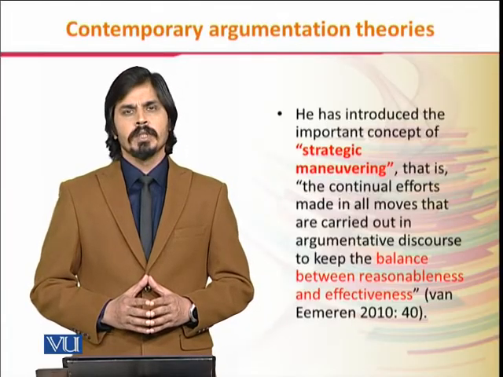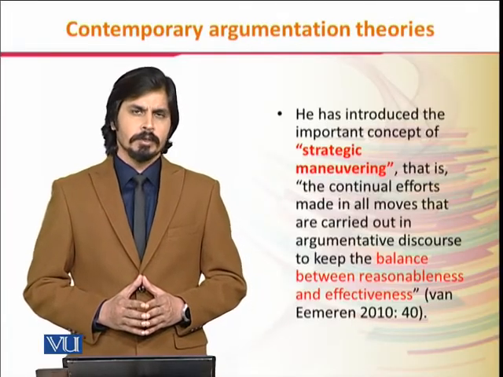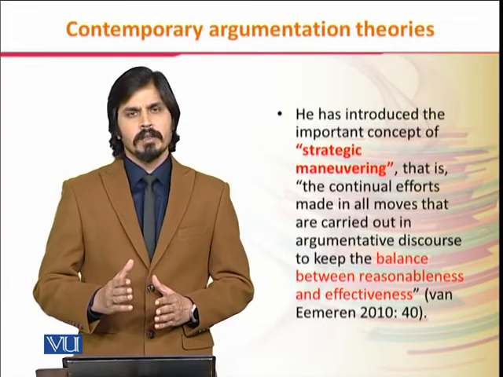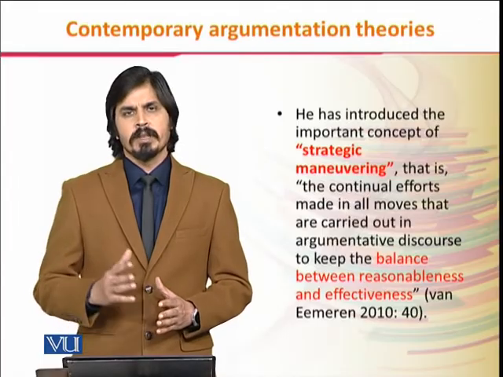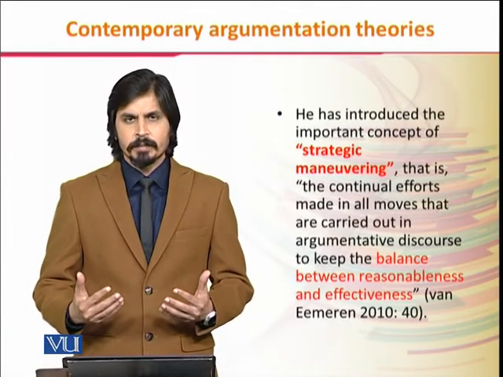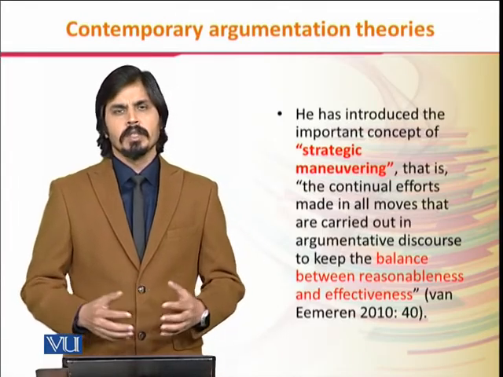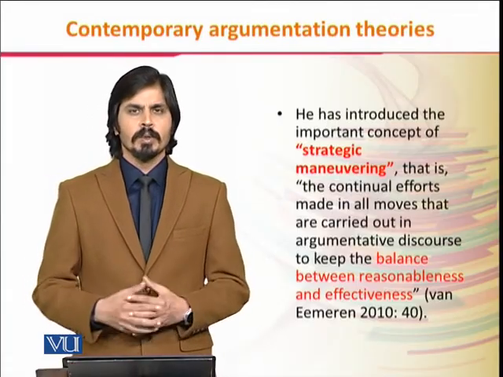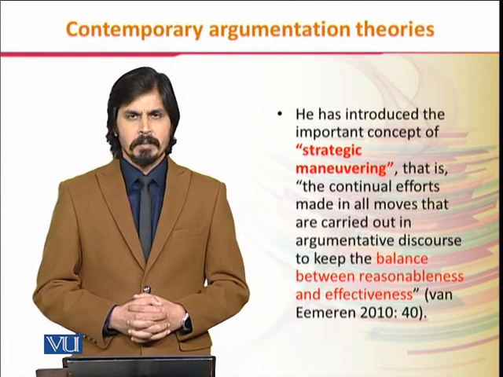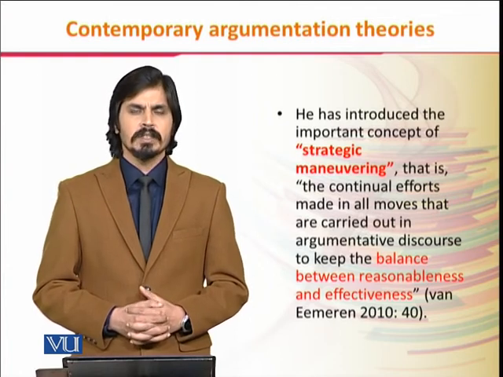Something which we think reasonable should also be effective, in a way that it should reach the audience with the same effect we want to create as a speaker. So a good argumentation might include a balance of both these factors, namely effectiveness and reasonableness.